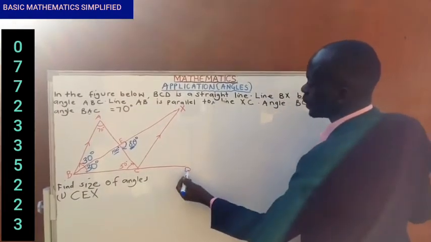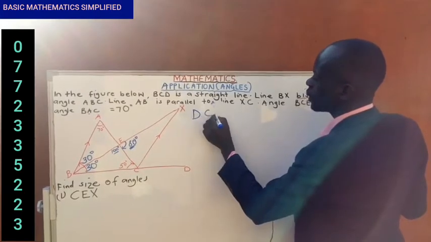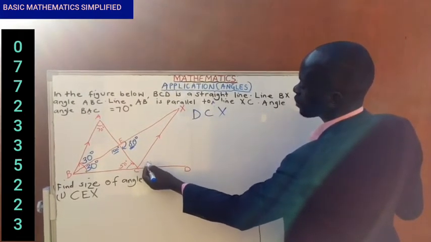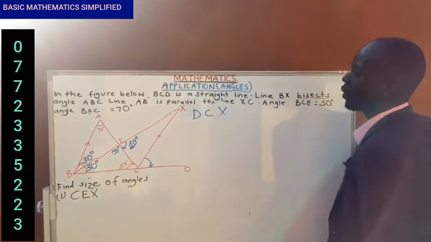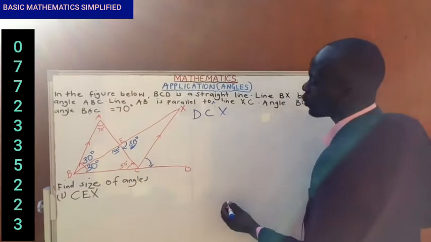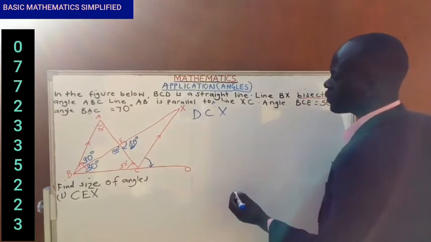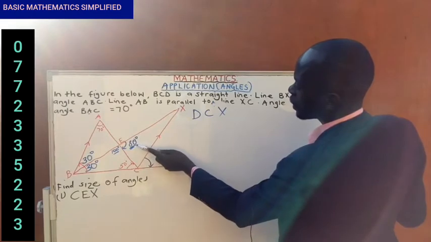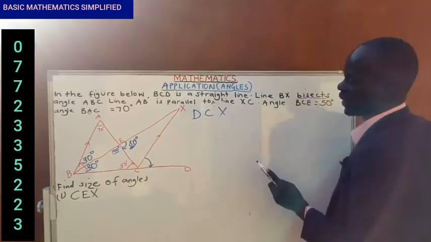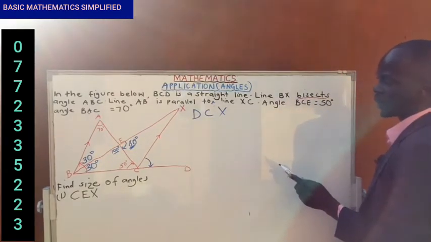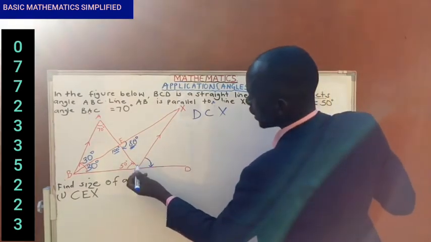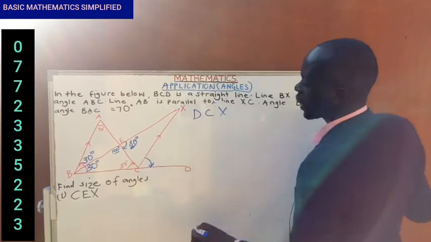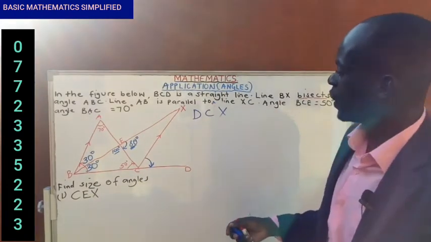That is DCX, this angle here. How do we get this angle? That one is very simple also, as we can see. Since this angle is now 80 degrees, and we have this angle here that we have to calculate, we can do it in many ways.